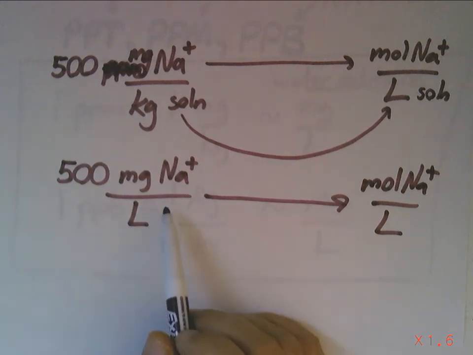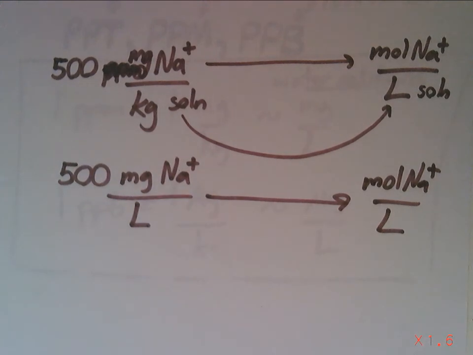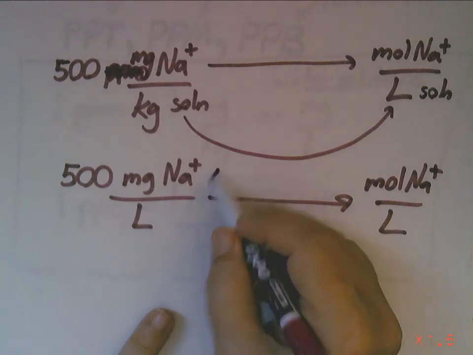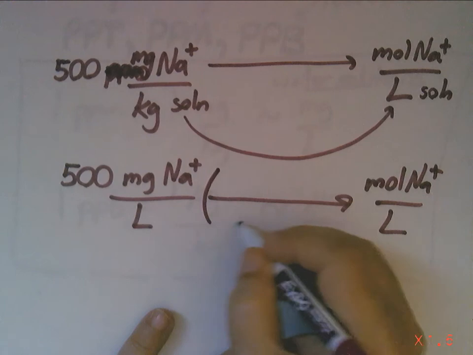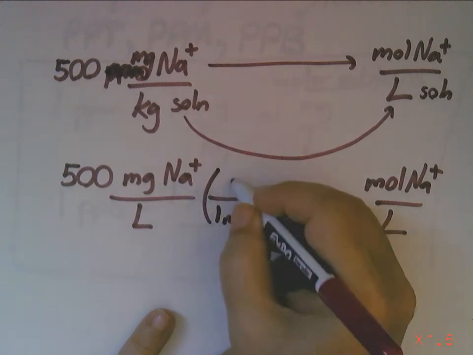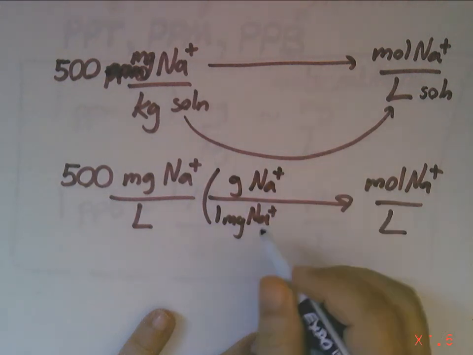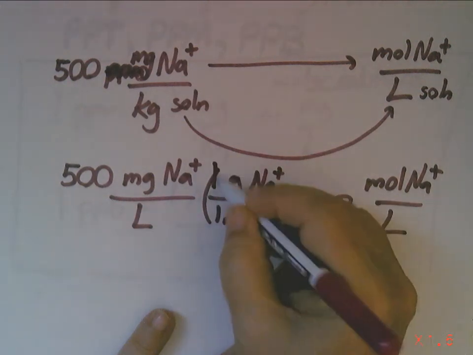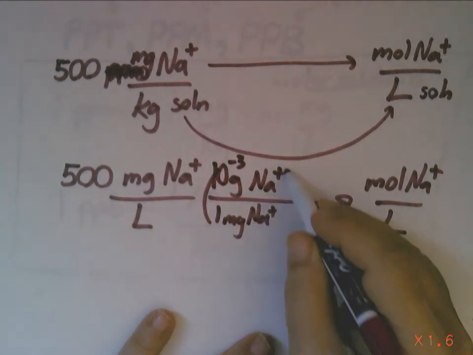All right, so I would have to turn milligrams of sodium into moles to get this done if I was doing this last one. That's not too hard to do. I can turn milligrams of sodium into grams of sodium, right? 1 milligram is 10 to the minus 3 grams of sodium.